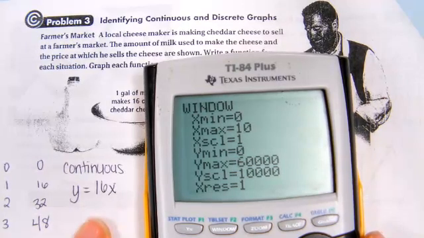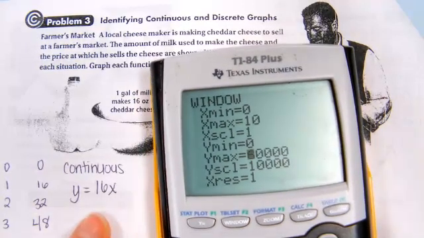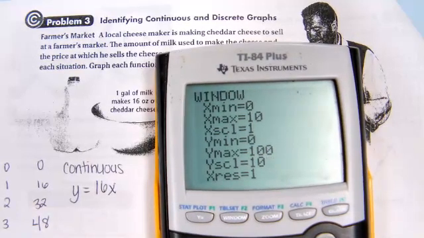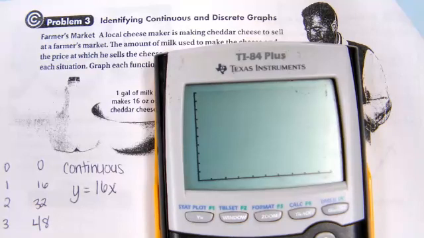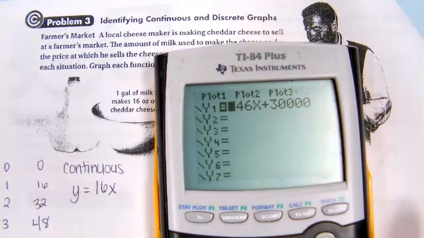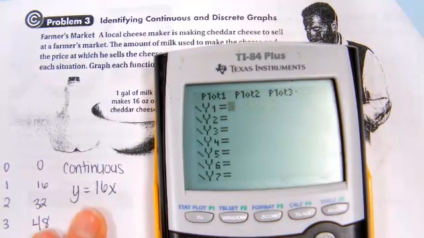We're not going to have 60,000 ounces of cheese. Let's do 100 here. All right, and we can go by tens. Okay, press graph. Oh, hold on. We got to change our y equals. So put in our y equals 16x.